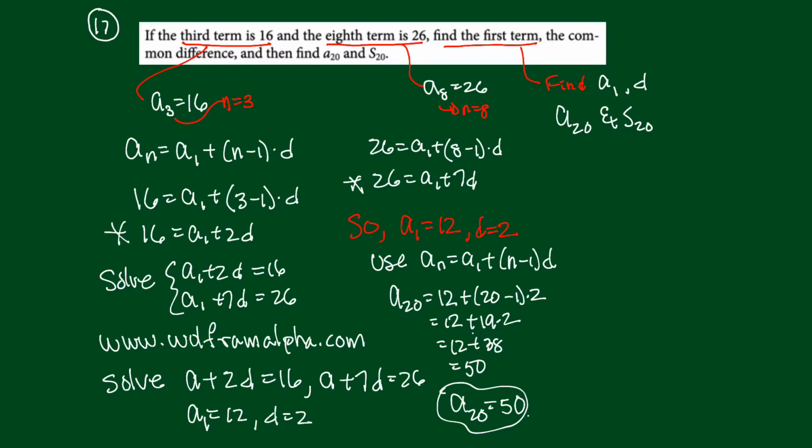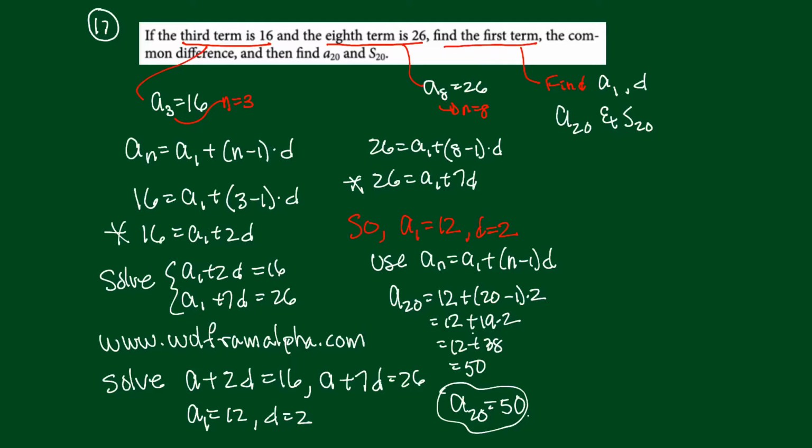And we need to find one more thing: the sum of the first 20 terms. The first term was 12, and the common difference is 2, so it goes 12, 2 more is 14, 2 more is 16, 2 more is 18, and so on. You could do that all the way out to 20 and then add them up.